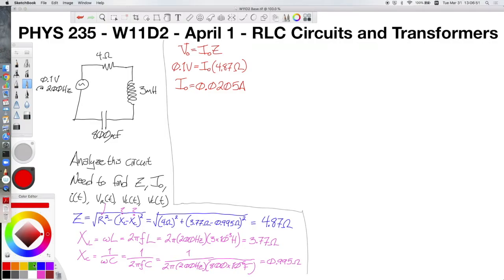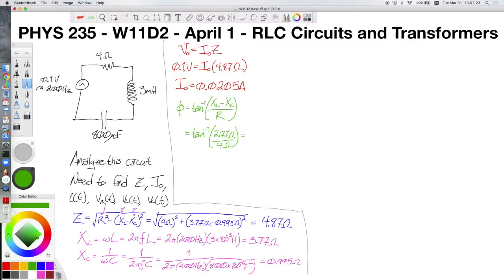Now from here, eventually we're going to need the angle phi. And we have a formula for the angle phi as the inverse tangent of the inductive reactance minus the capacitive reactance over the resistance. And plugging in some numbers here, that gives you the inverse tangent of the difference between those two, which ends up being 2.77 ohms divided by 4 ohms for the resistance.